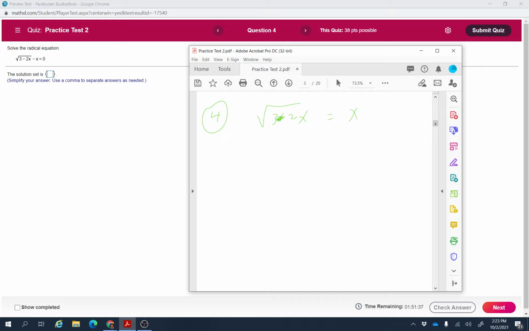Okay, so after taking the square, you get 3 minus 2x equals x squared, which is your quadratic equation. Now you have to solve the quadratic equation. Let me just complete this. You can write this as x squared. If I bring everything to the other side, that will be x squared plus 2x minus 3 equals 0.